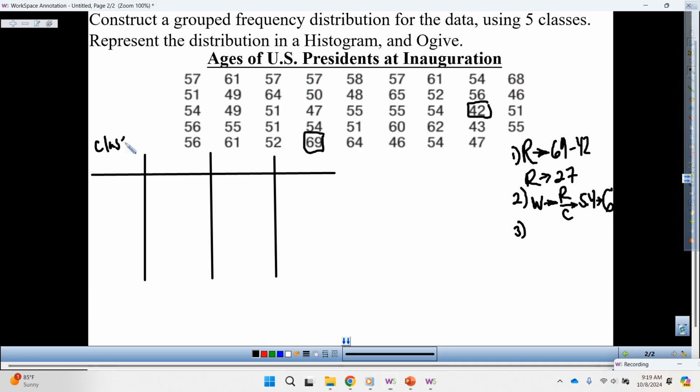There you go. Class limits. That is correct. And tell your neighbor the very first number that we start with, please. 42. That is correct. All right.